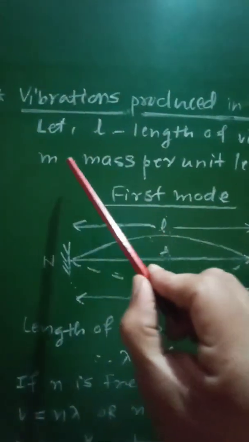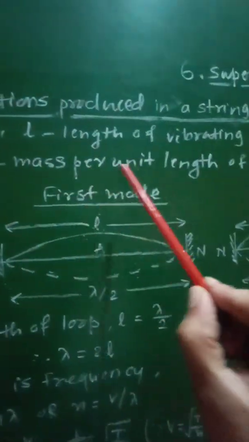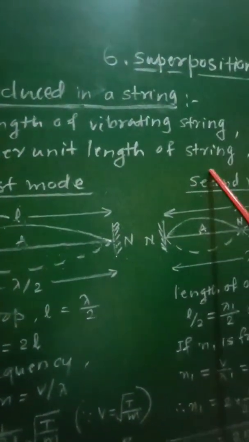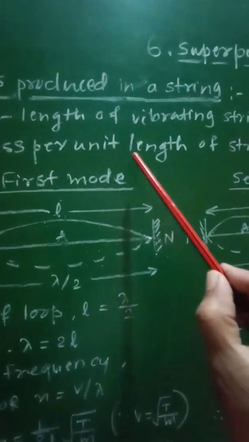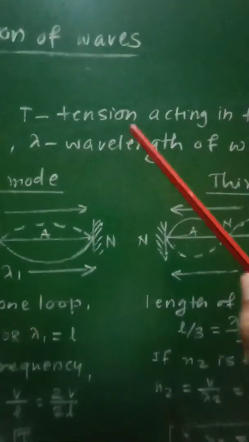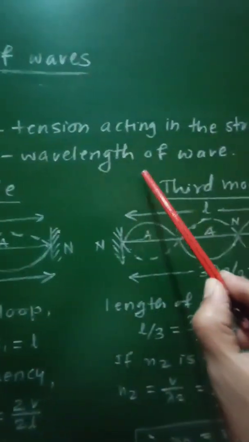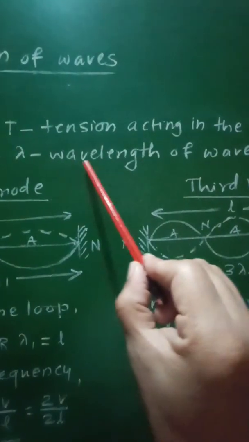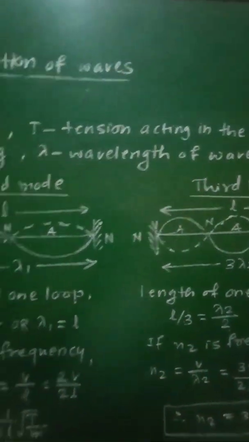Similarly, let M represent mass per unit length of the string, which is also called the linear density of the string. And let lambda be the wavelength of the wave produced along the length of the string.